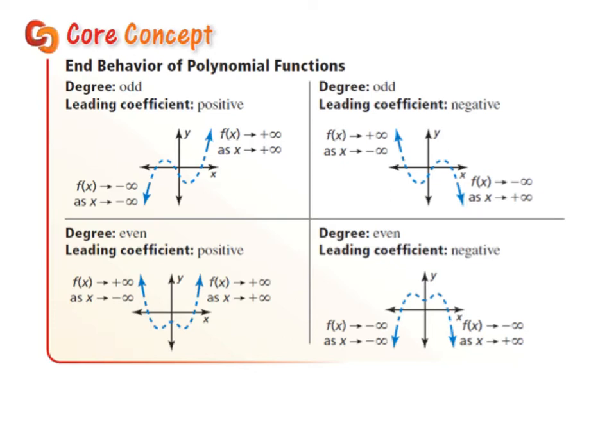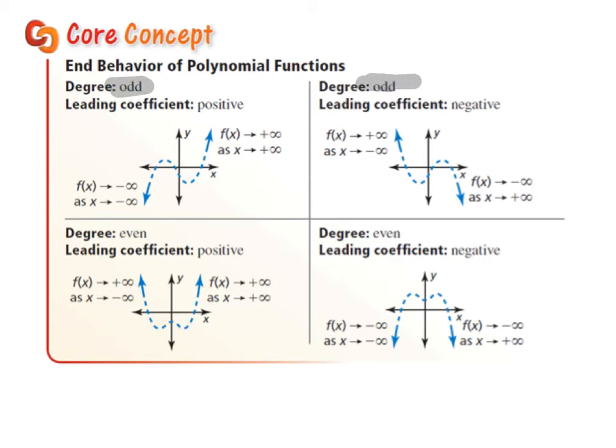Okay, now one of the last things we're going to talk about here is the end behavior of these. End behavior just means what's it doing at the arrows. So first of all, we want to know if we can just look at a graph and know if the degree is odd or even. If a degree is odd, notice these top two are both odd.